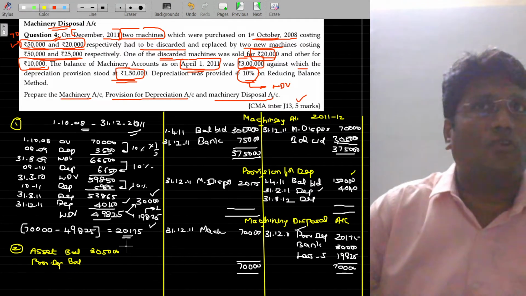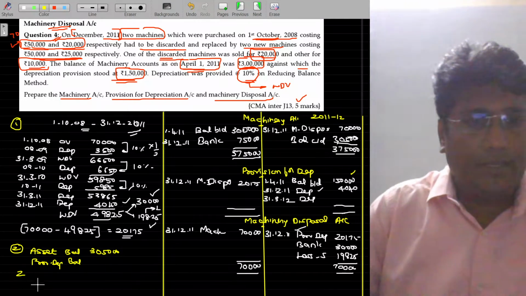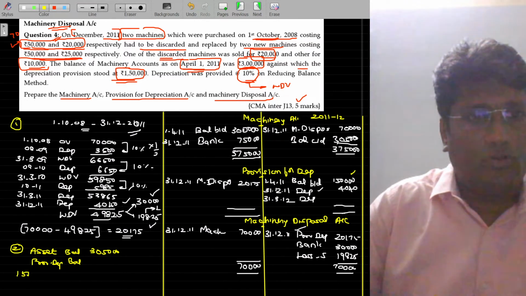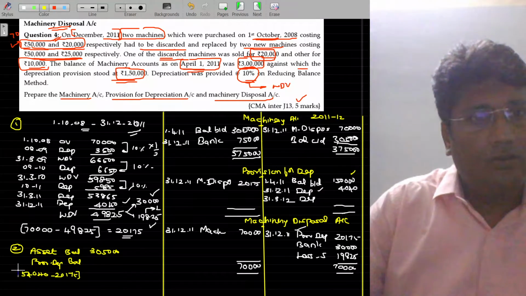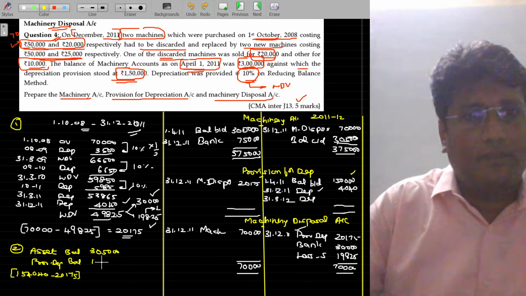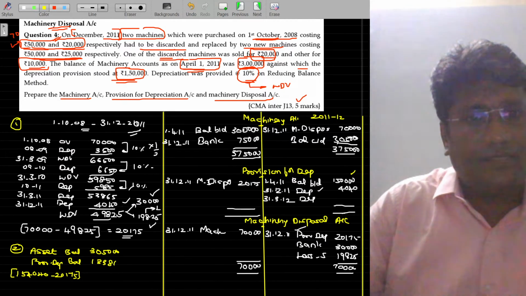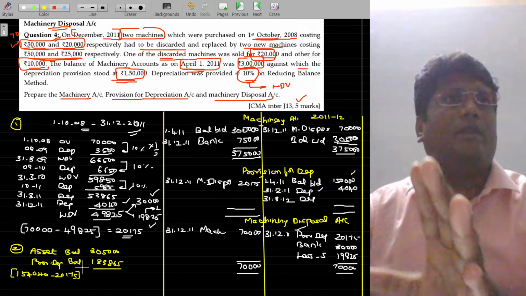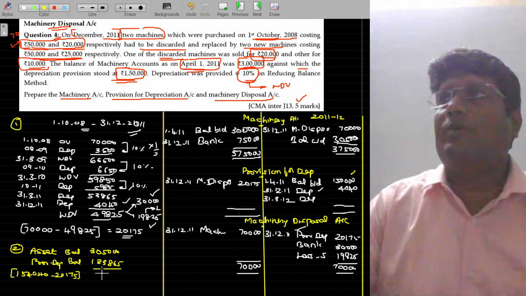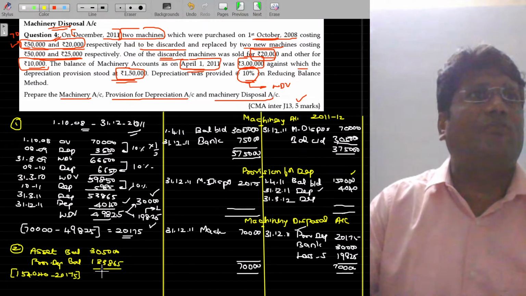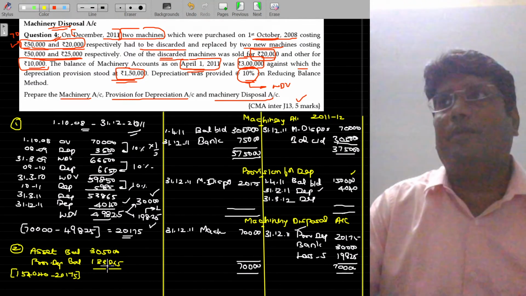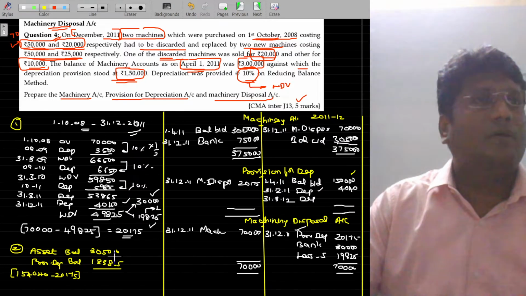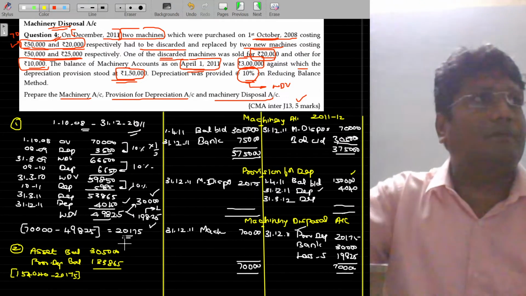From there we have to subtract 20,175. 1,59,040 minus 20,175 is 1,38,865. From the original value of the asset, if you subtract the accumulated depreciation, the balance is nothing but what? WDV before the depreciation. Once you are aware of the WDV of the assets, you can calculate the depreciation on that.